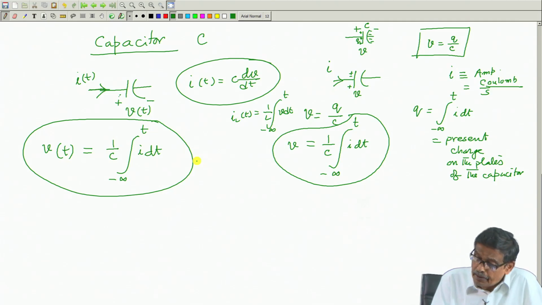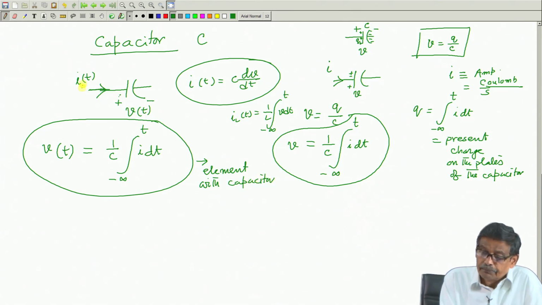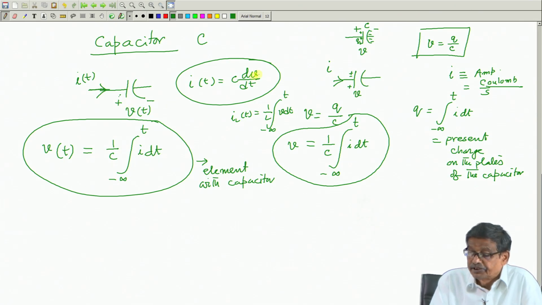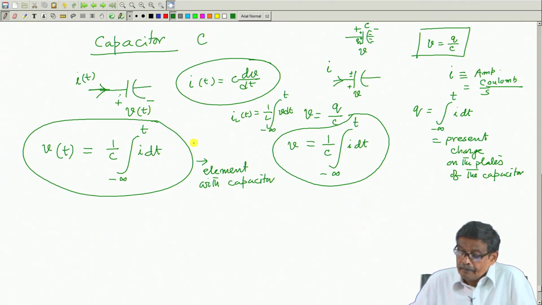So, this is a memory element, a circuit element with memory, the capacitor. Got the point? So, this is important: the direction of the current, the polarity of the voltage, and their differential form of relations and integration form of relation, that is the thing.